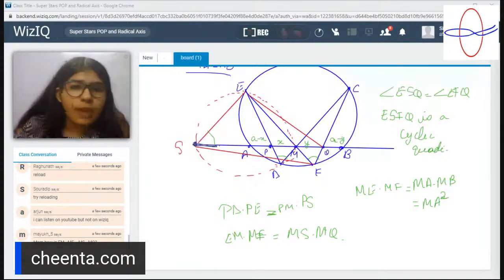Oh, so you have that EQFS is concyclic, right? Because we showed that ESQ equals EFQ. So M is the intersection of the diagonals.